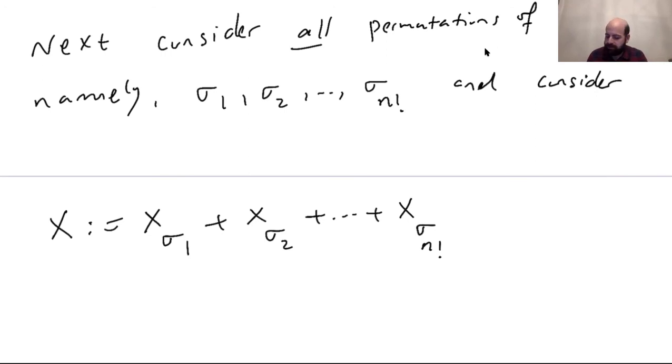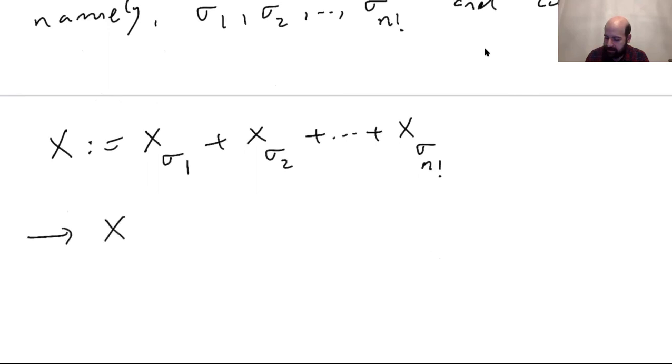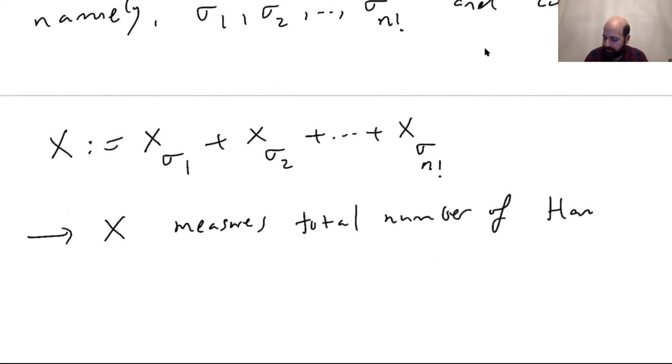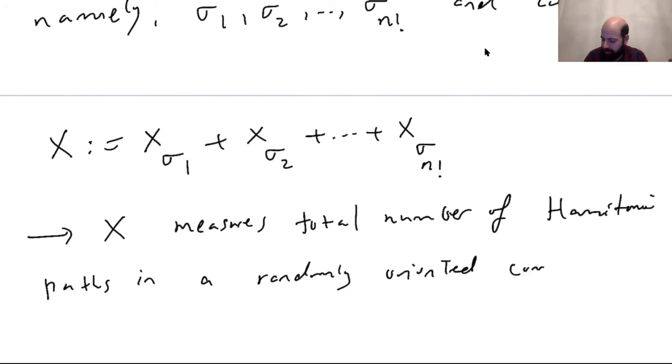So this X measures the total number of Hamiltonian paths in a randomly oriented complete graph Kn.